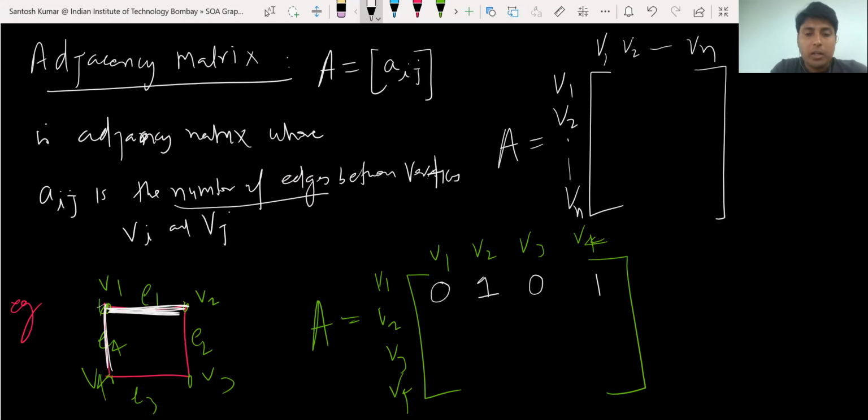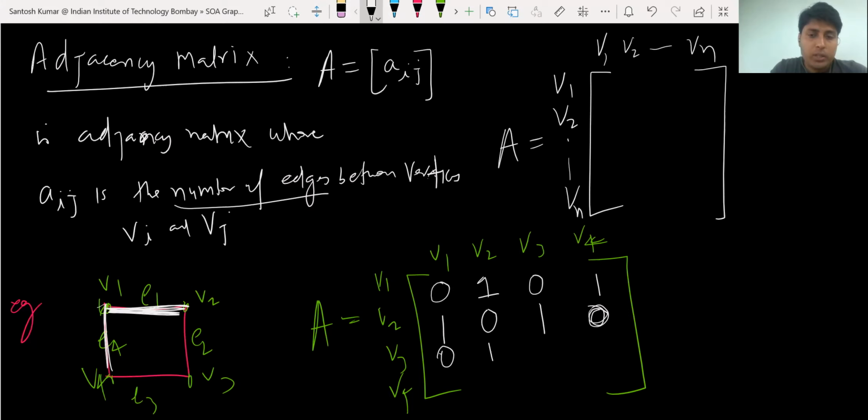Again, how many edges between V2 and V1? One. V2 and V2, 0. V2 and V3, 1. And V2 and V4, 0. Now count the number of edges for vertex V3. V3 with V1, no edge.